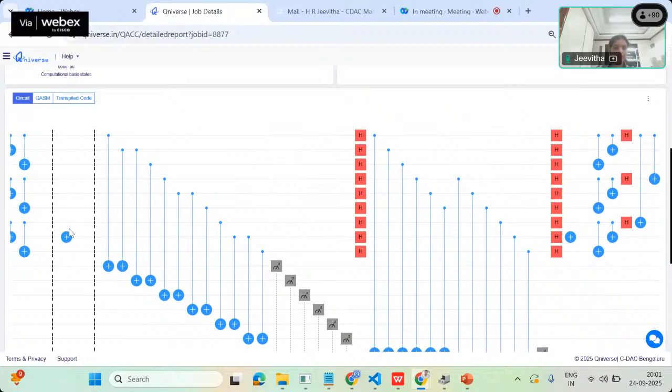You can take it as a version of repetition code. I've applied repetition code 3 times: a block of 3 for the first repetition code, a block of 3 for the second, and the third block for the third repetition code. According to repetition code, if an error has occurred in the second bit, the syndrome measurement shows 1 and 1.